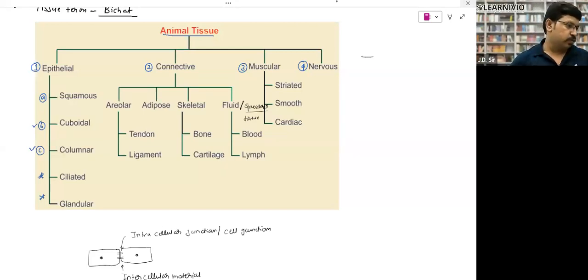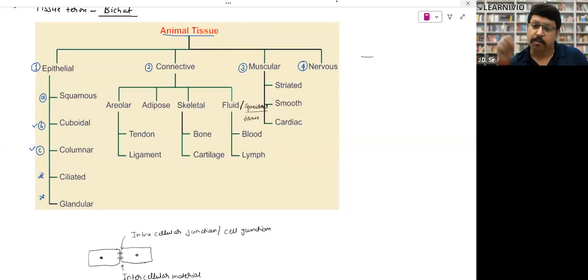Then come to the muscular tissue. What is muscular tissue? They are muscles, like these hand muscles, the muscles present between our fingers. Bone is a skeletal tissue, skin is epithelial tissue. Between bone and skin, there is muscle.